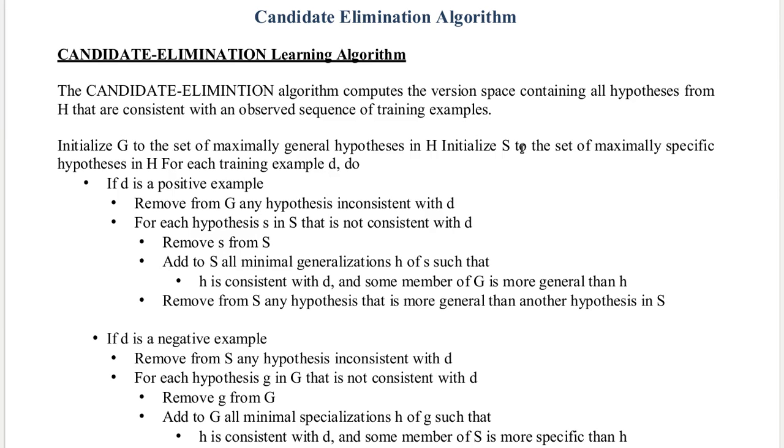If D is a negative example, then there is another set of operations. Let us see, when we encounter a positive example, what are the steps to be followed.